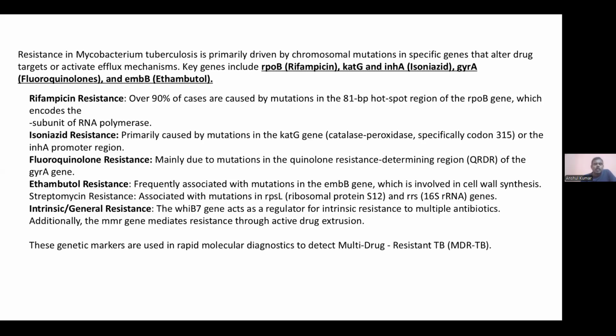Streptomycin resistance is associated with mutations in rpsL, the ribosomal protein S12, and rrs 16S ribosomal RNA genes. Intrinsic and general resistance: the WhiB7 gene acts as a regulator for intrinsic resistance to multiple antibiotics. Additionally, the Mmr gene mediates resistance through active drug excretion. These genetic markers are used in rapid molecular diagnostics to detect multi-drug resistant TB.